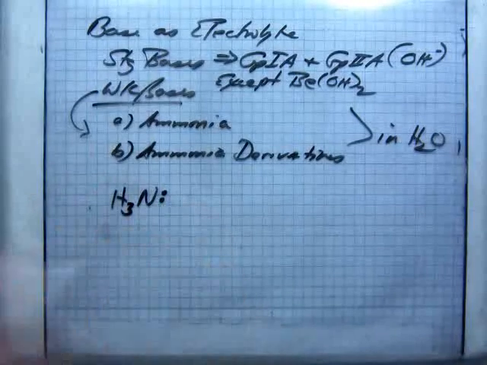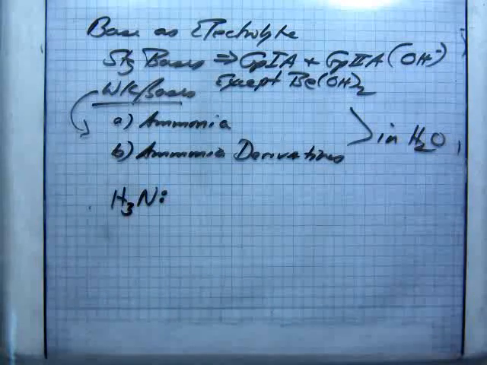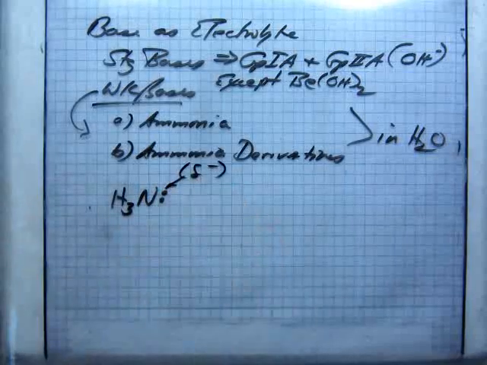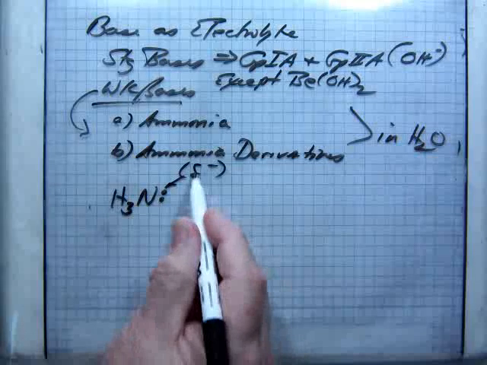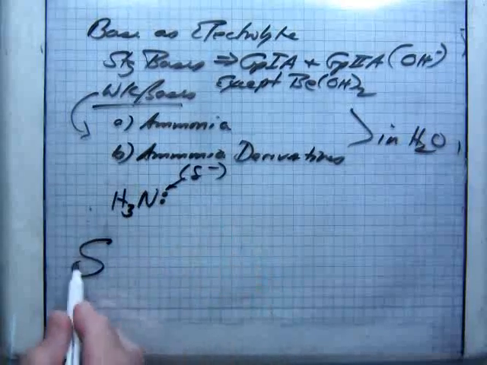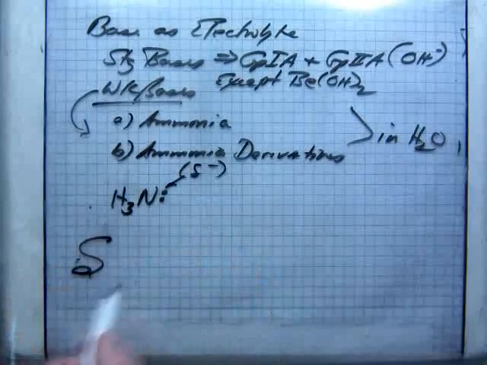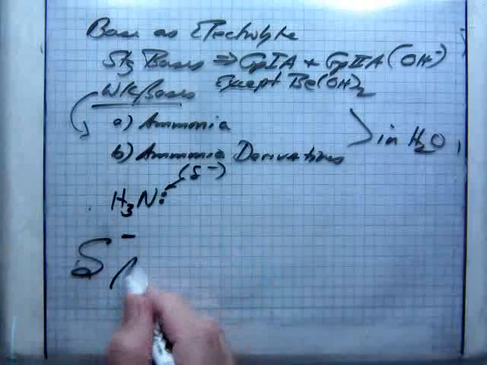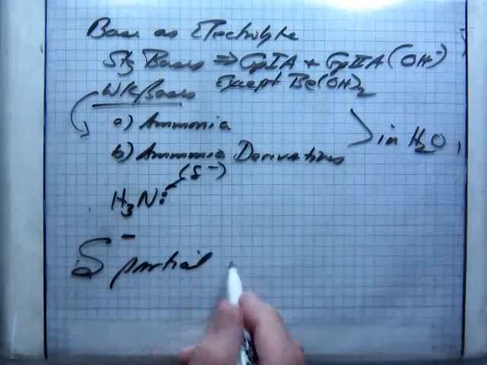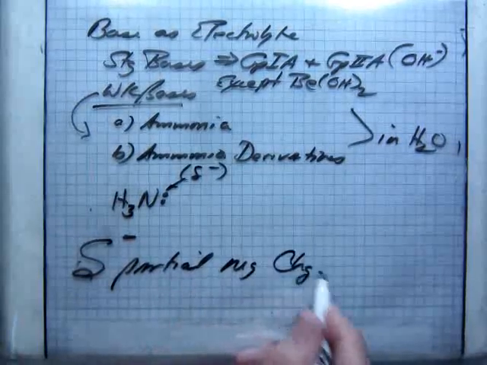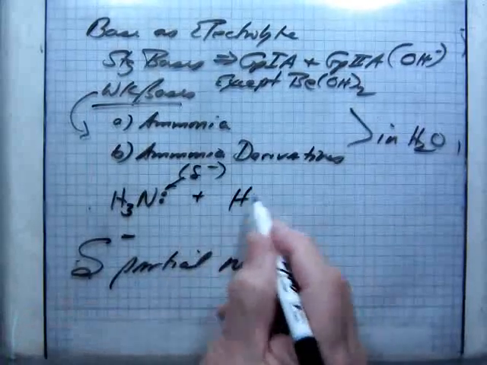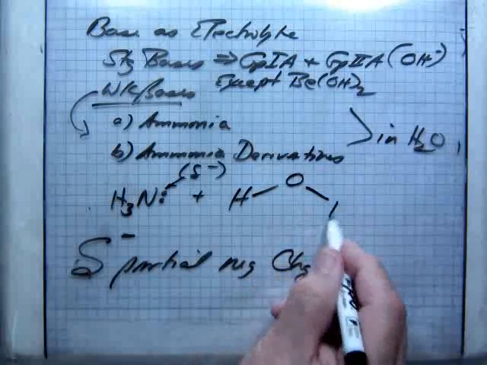It happens to have what we call a non-bonded pair of electrons attached to the nitrogen, and this has a very strong negative attraction. It's called a partial charge symbol. Write an S with a little tail on the end of it like that, put a negative superscript on it. That's called a partial negative charge.